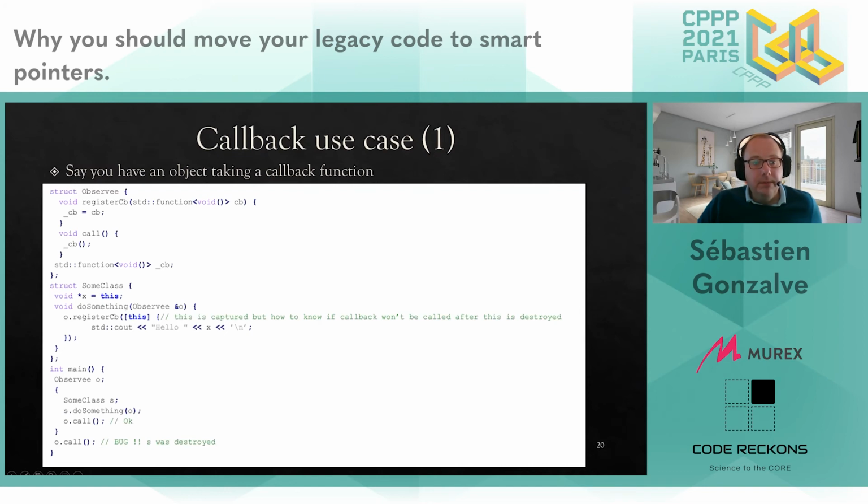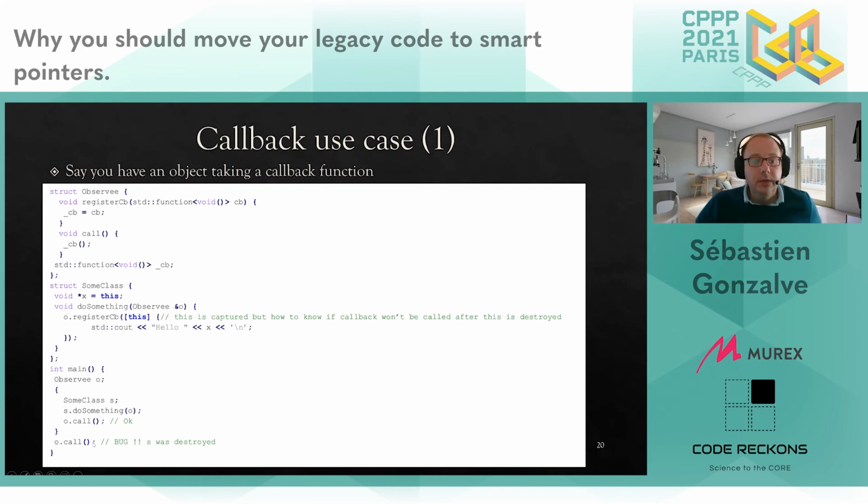This makes me register my callback, which is the lambda that captures this, and I call the call function of the observee. So this is working correctly at this place because everybody is here. The problem is when I get out of scope, my observee keeps having a function that is pointing to nowhere, and this is just a bug.